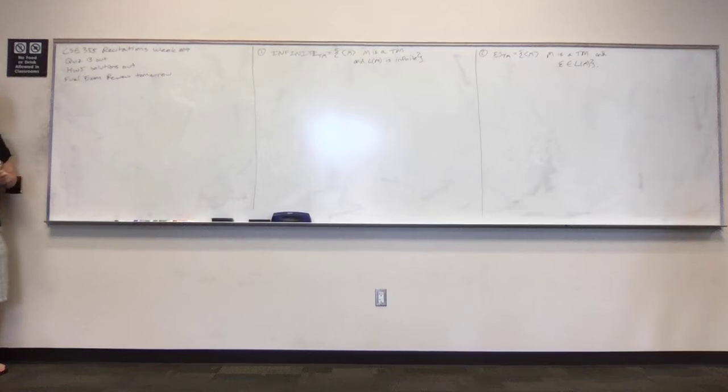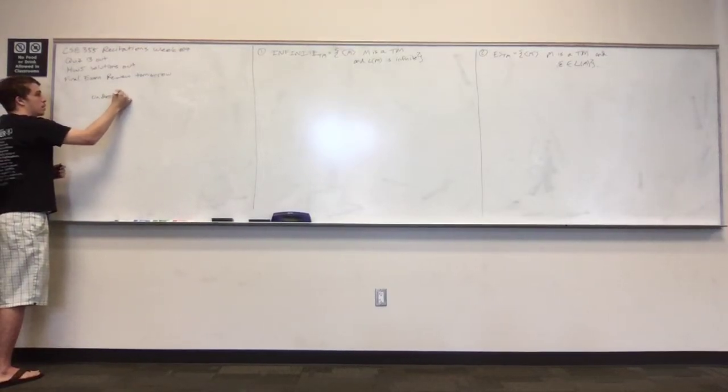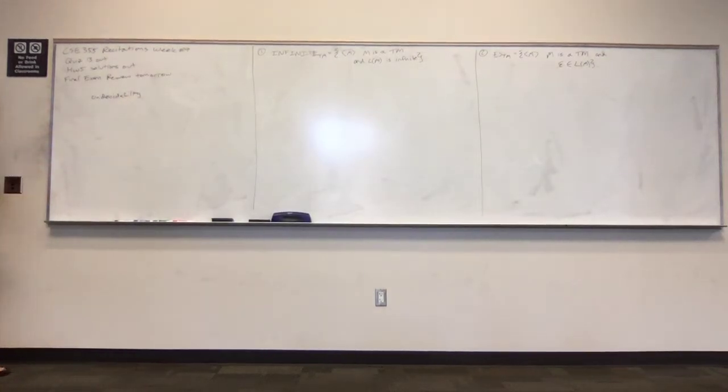Okay, so what did we talk about last week? Undecidability, yeah. That's the thing we talked about. So we showed that some languages were not decidable. What was an example of a language that we showed wasn't decidable?